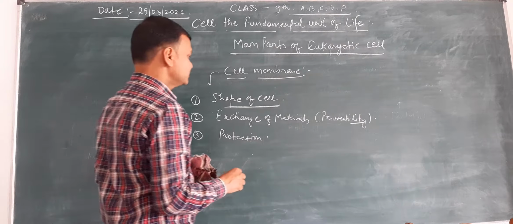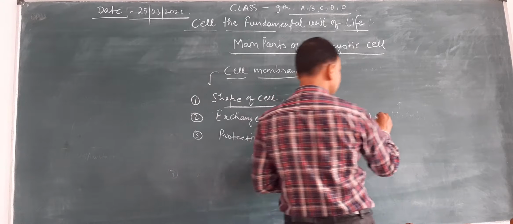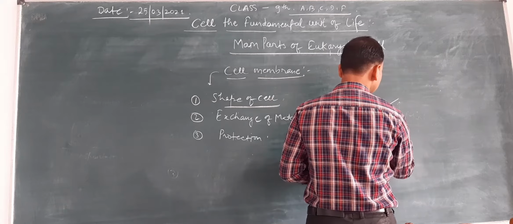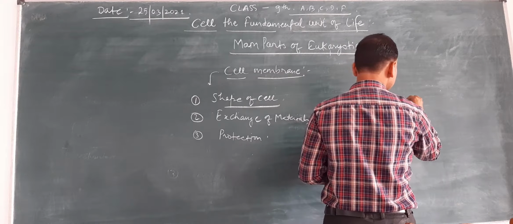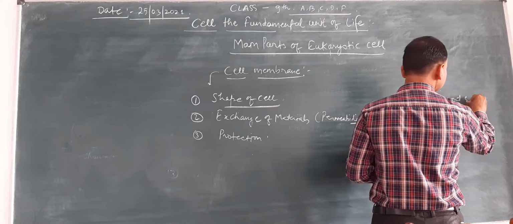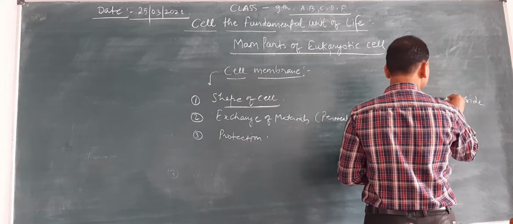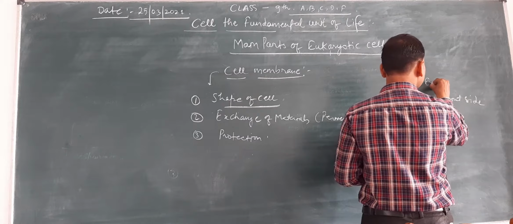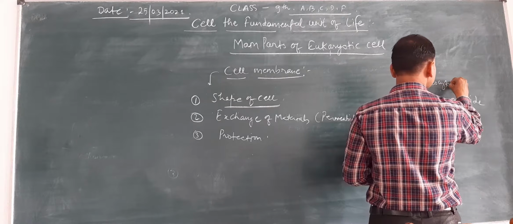There are some types of transportation or exchange of materials. If the movement is from inside of the cell to outside, this transportation is called exocytosis.